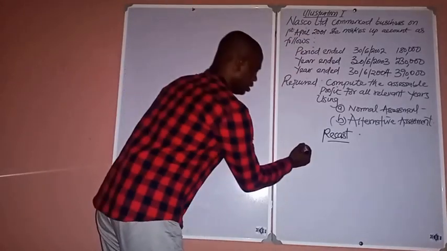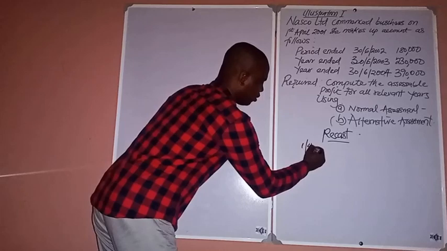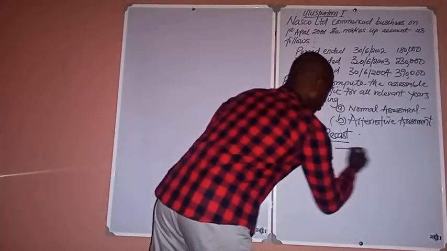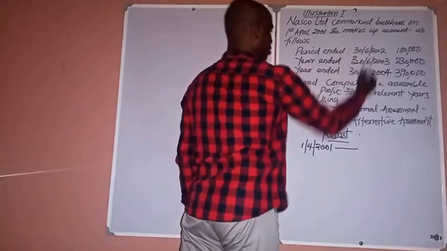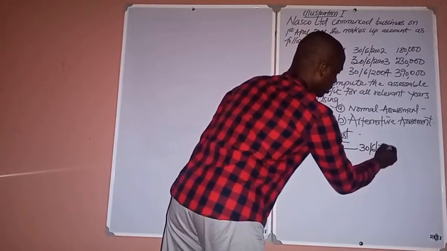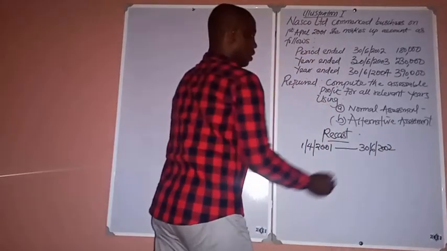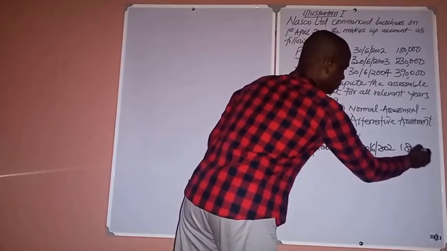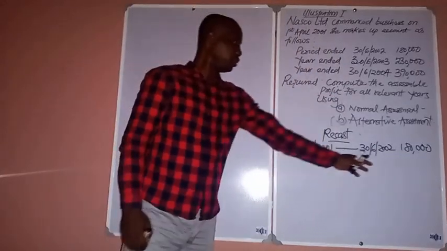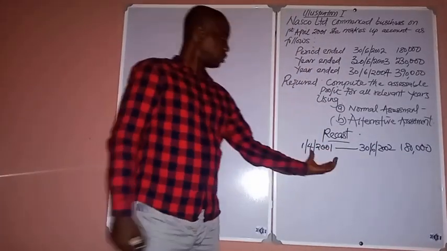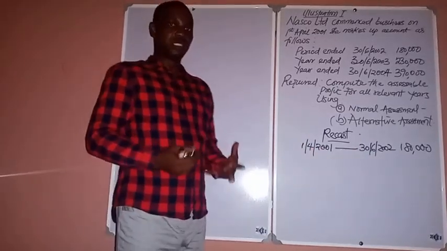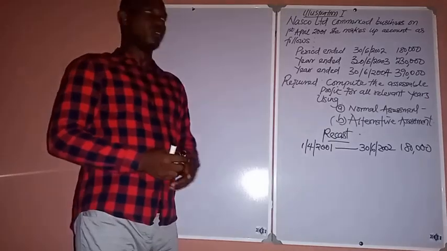I'm going to write it 1/4/2001, then to 30th June 2002, and we're having 180,000. So that's the profit they made within this period. Now, this is the way that this question will be presented, and it will be easier for you to understand the logistics involved in bringing solution to this.